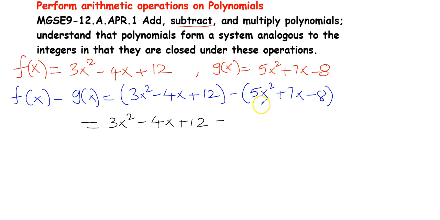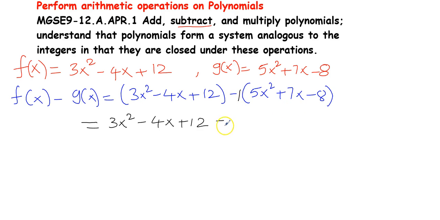Then in the second part, for the function g of x, as I take away these parentheses, this negative sign in fact is multiplied with all the terms. Or you can also say I'm using a distributive property, and let us take 1 as a number because nothing is there. So 1 times whatever you multiply, the resulting number is going to be the same, but only the sign changes.